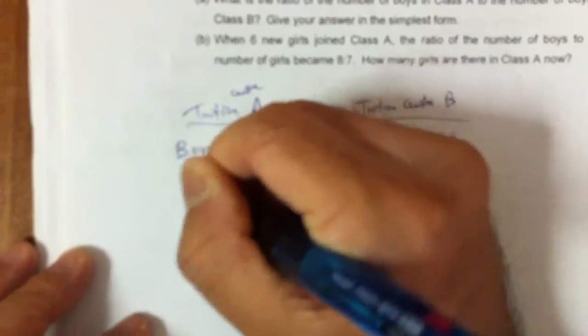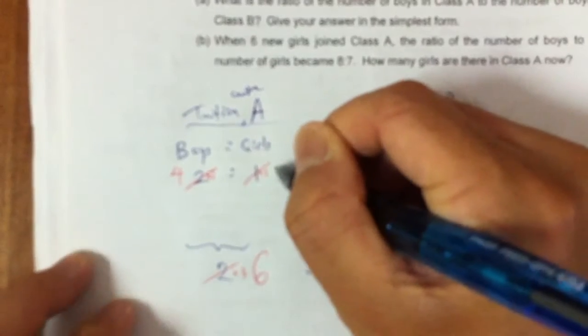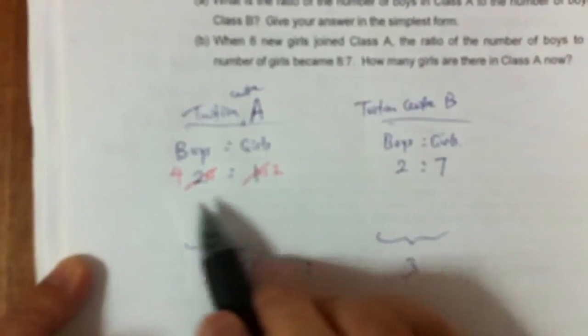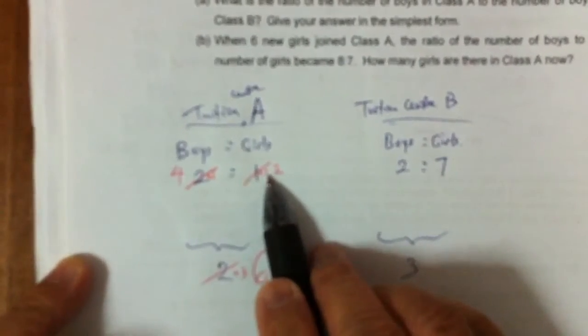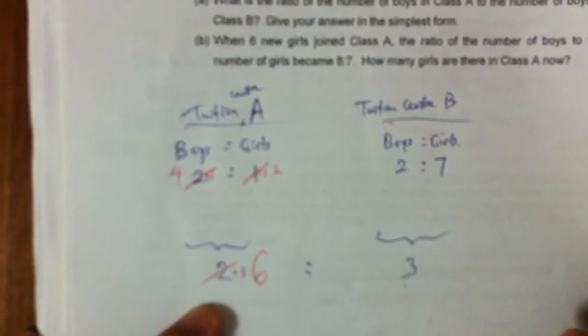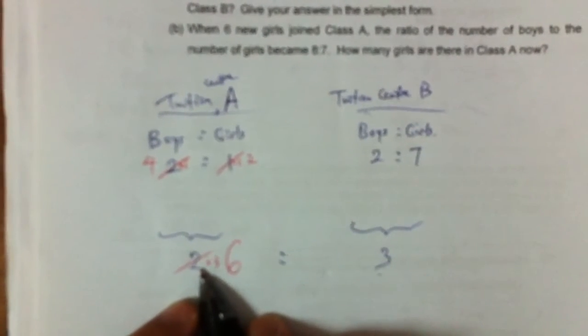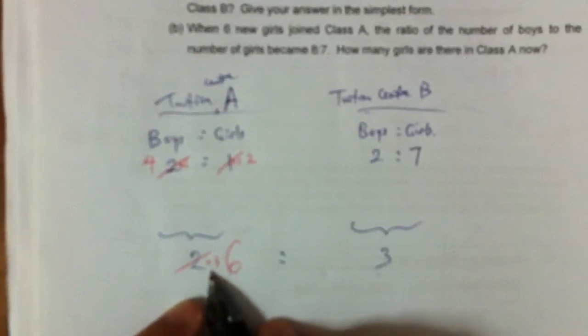So this is what I do. I times 2, I'll get a 4. I multiply this by 2, I'll get a 2. Now it makes sense. 4 is to 2, sum up to 6. So that's the first cut. Now, however, I have, through the operation earlier on, multiplied this by 3, which is unfair.